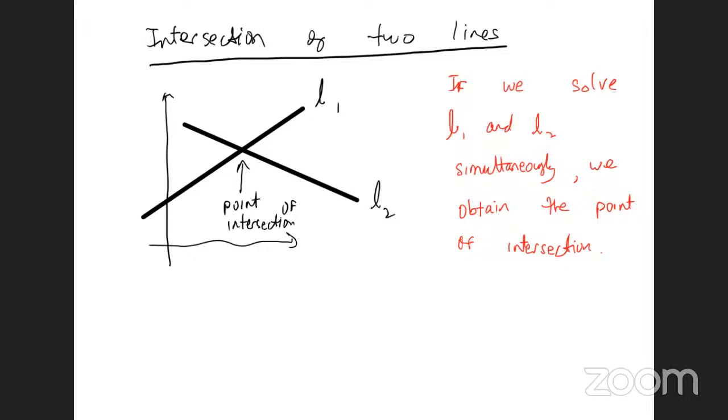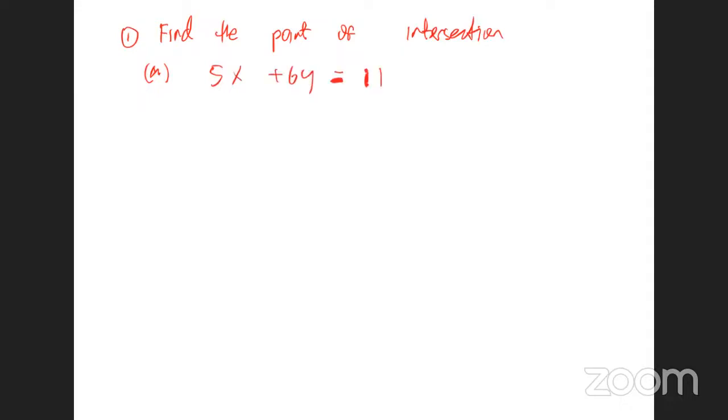All right, so let's try this example here. Right, find the point of intersection here. 5x plus 6y is equal to 11.